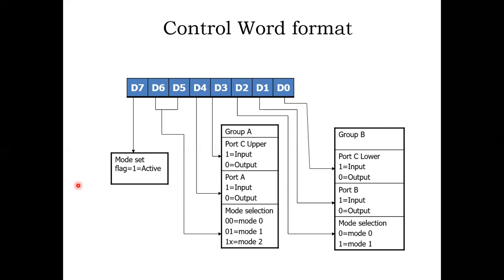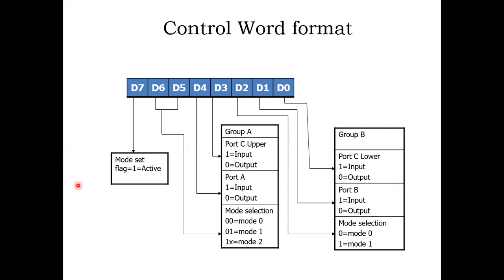If D0 is equal to 1, port C acts as an input device. That means it accesses data from an external device. If 0, it can send output from the microprocessor to an external device. This is the concept.